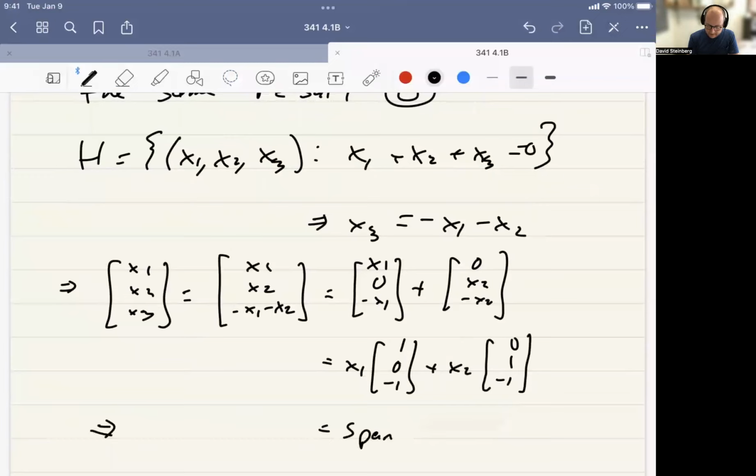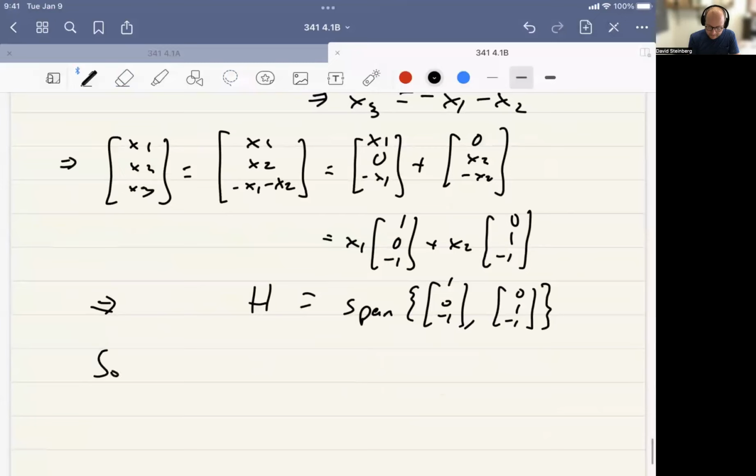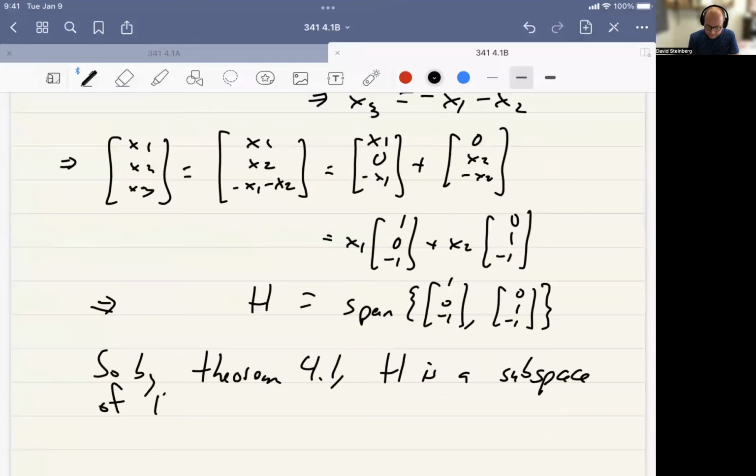So H is equal to the span of these two vectors, 1, 0, negative 1 and 0, 1, negative 1. And so by theorem 4.1, H is a subspace of R3.